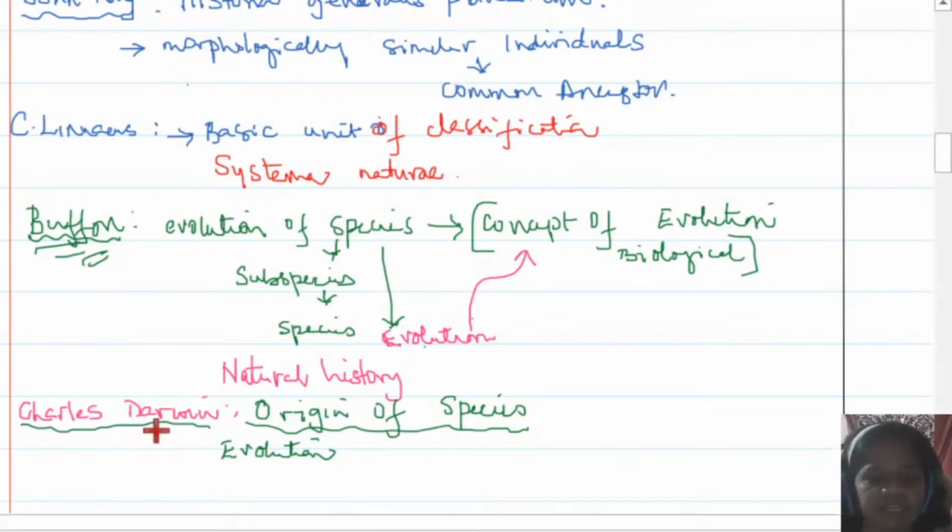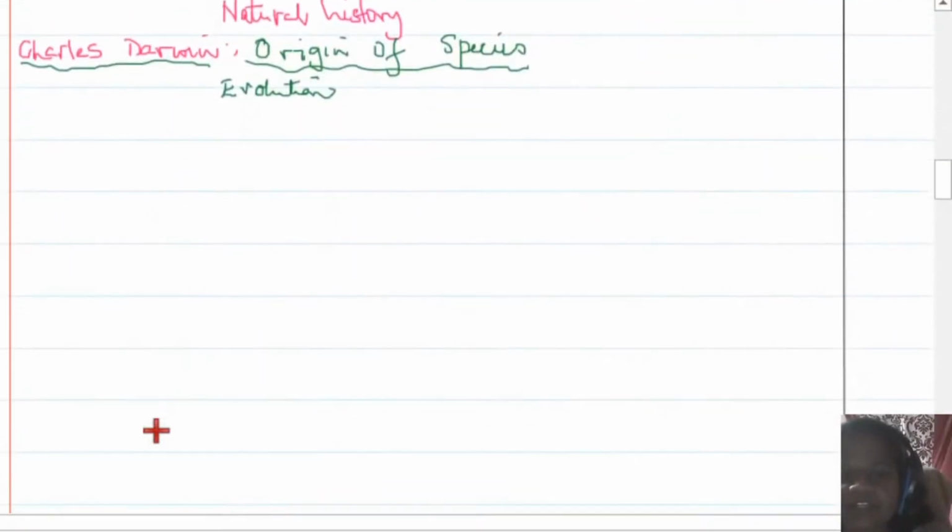Then Charles Darwin came. We all know about Charles Darwin, right? We don't have to go in detail. He wrote Origin of Species and how evolution takes place with the survival of the fittest and stuff. That is about species. Remember about species, people, because this is a 4-mark question. It is important. Don't study for the sake of exams anyway. Study because you want to learn about them.